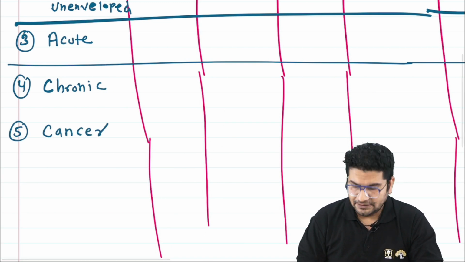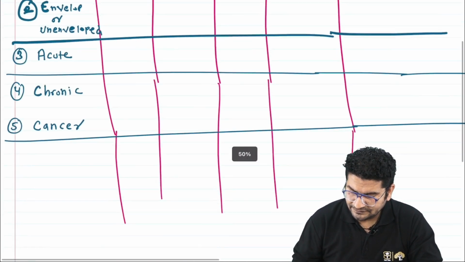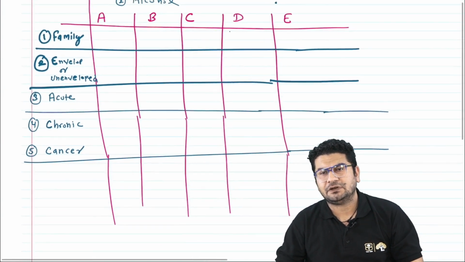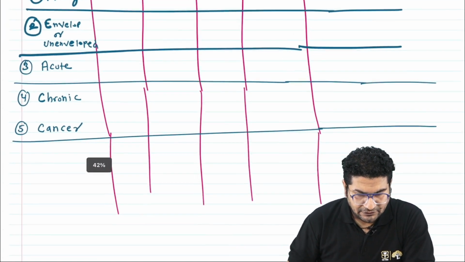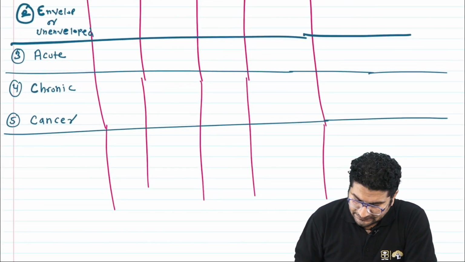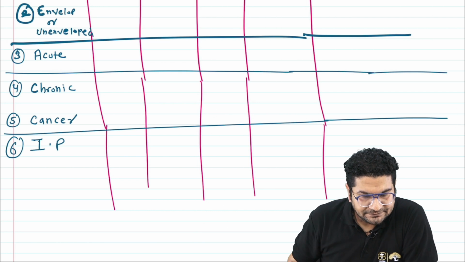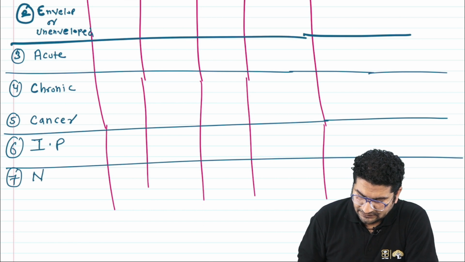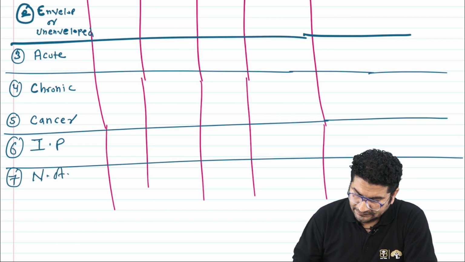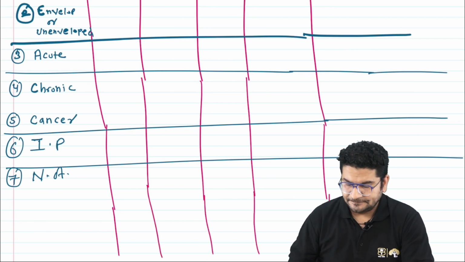I have written chronicity and cancer together because the virus which causes chronicity is the same virus that will cause cancer. Then we discuss the average incubation period of these viruses, and the nucleic acid, whether it is DNA or RNA. So these are the points we need to revise.